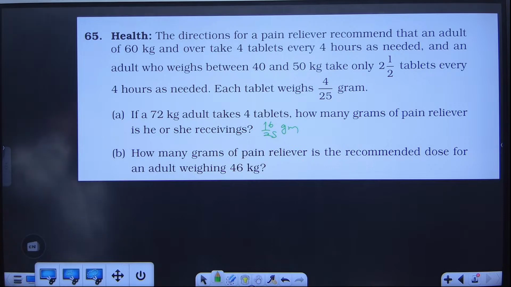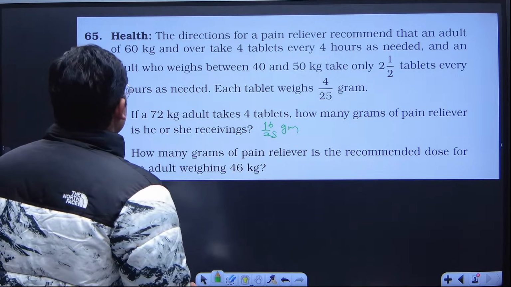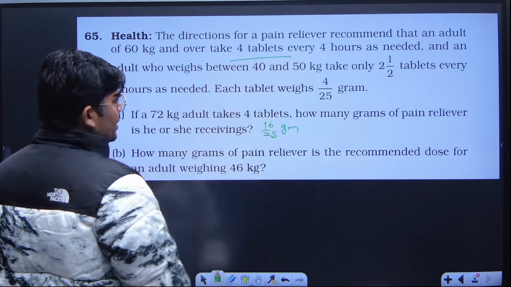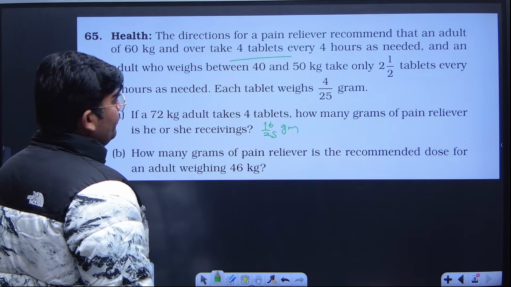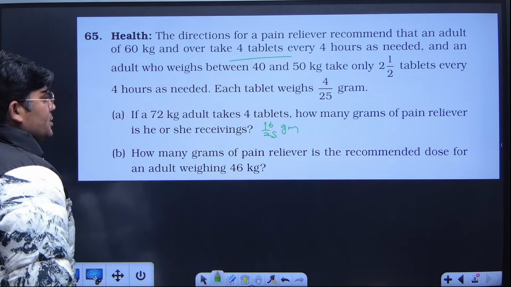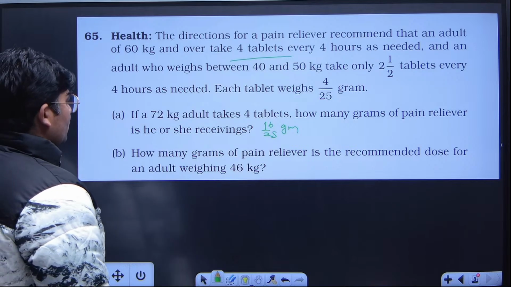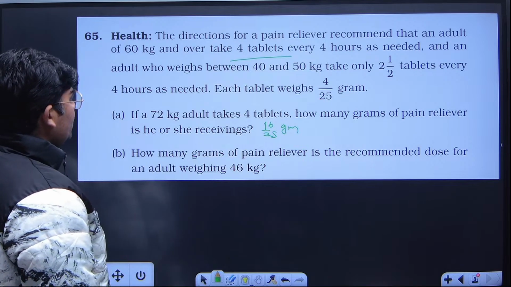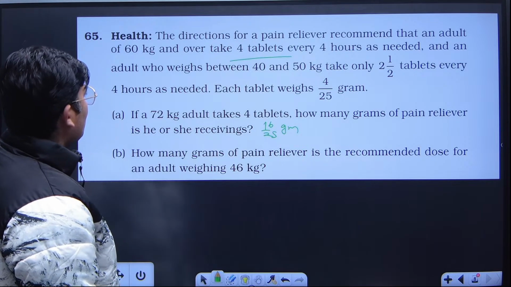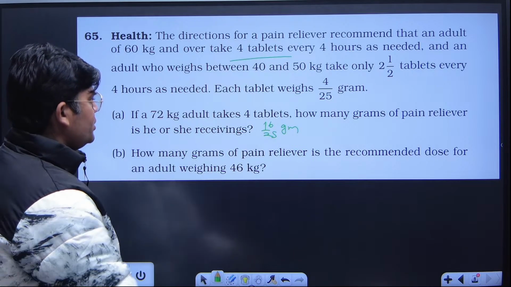How did you calculate that? They're only asking for 4 tablets, not 4 doses. So that's just 4 into 4 by 25.